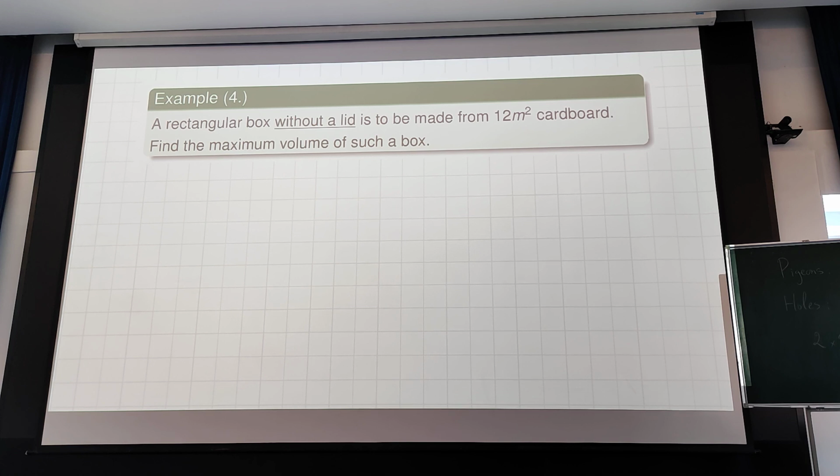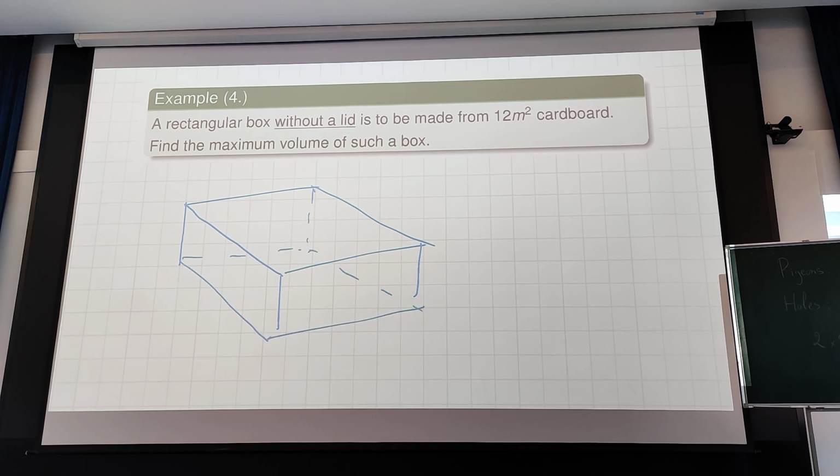To do this kind of problem, you are here in the first step. What I mentioned at the beginning of this topic: you have a real problem, and now you need to form it as a mathematical problem. Of course, if you want to have a mathematical form, you need to understand the object. So a rectangular box with no lid has this form. It's quite easy to understand.